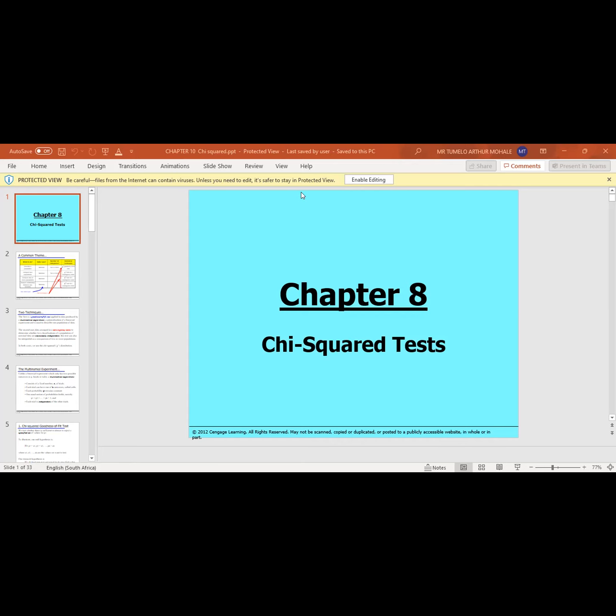We are looking at the continuation of hypothesis, but our focus today is on chi-squared test. And this one is the most simple chapter ever, but you can only master it if you understand the basics.